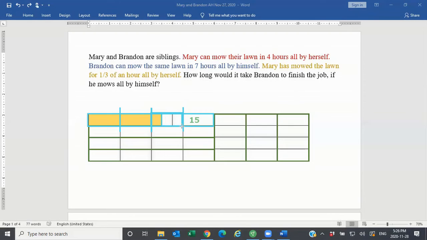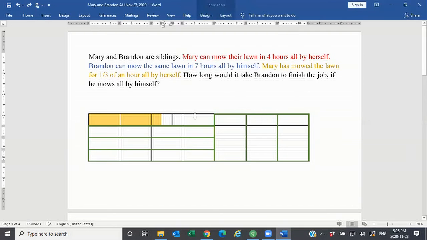There are 2/3 left, so it's 5 times 2, and that would be 10 minutes to mow those 2/3. All right, 10 plus 15 is 25. So we know that's 25 minutes, this area here. And we have 1, 2, 3, 4, 5, 6 hours of mowing here for Brandon.